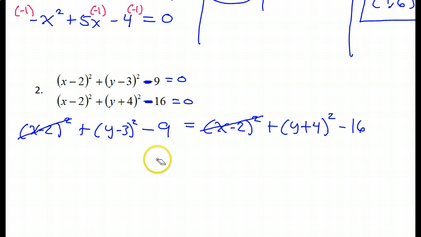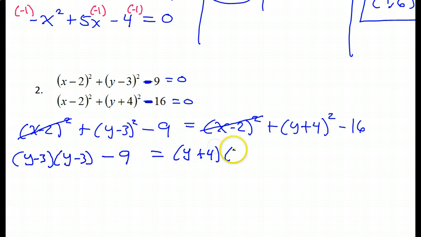Okay, so the rest of it I'm going to have to actually multiply out. Understand that y minus 3 squared is y minus 3 times y minus 3, and I've got my minus 9. And here I've got y plus 4 times y plus 4, and I've got my minus 16.